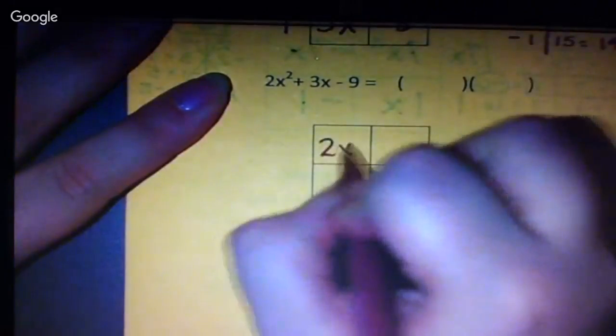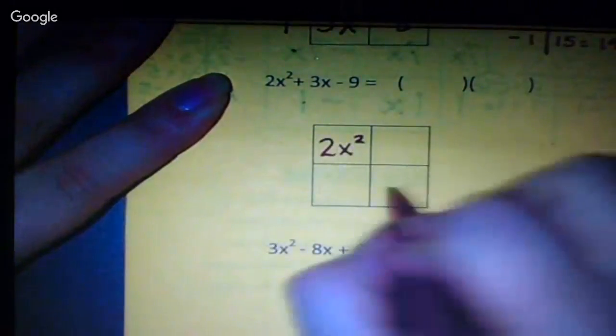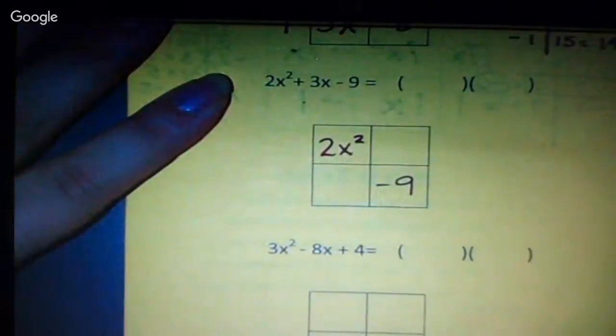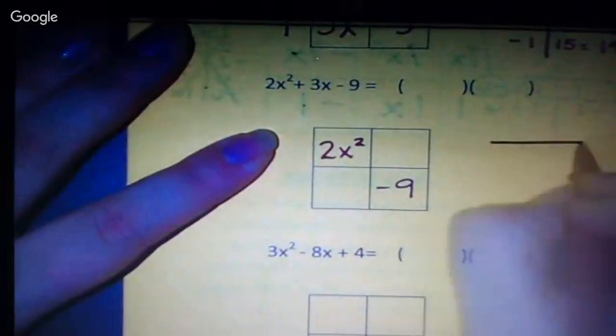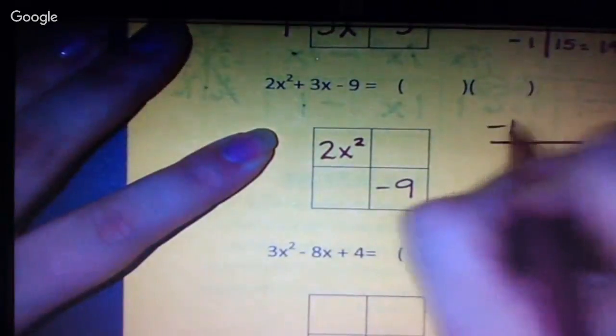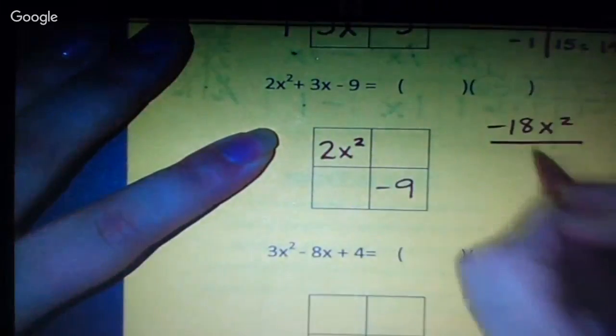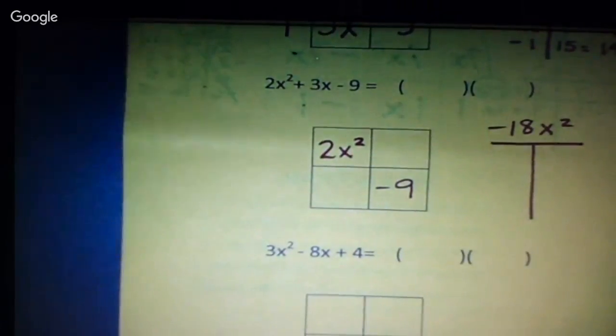So again, we've got here your A term and your C term. Multiply them together. What do we get? Okay. Lydia, give me one factor of negative 18. 2 and negative 9.